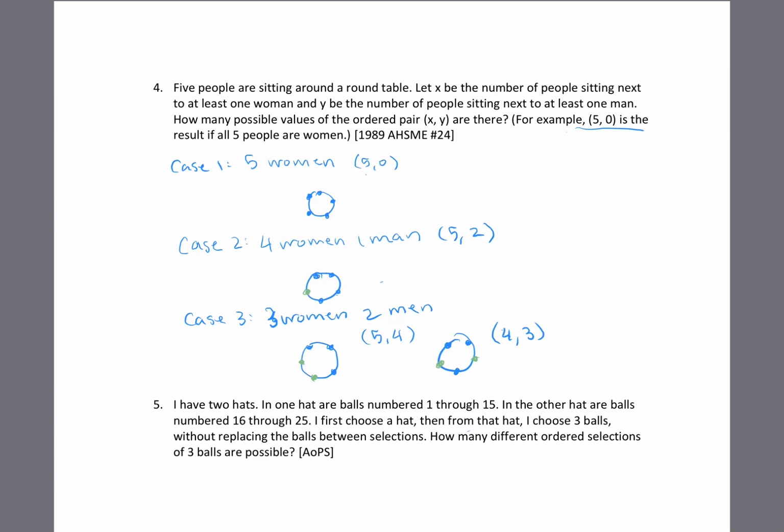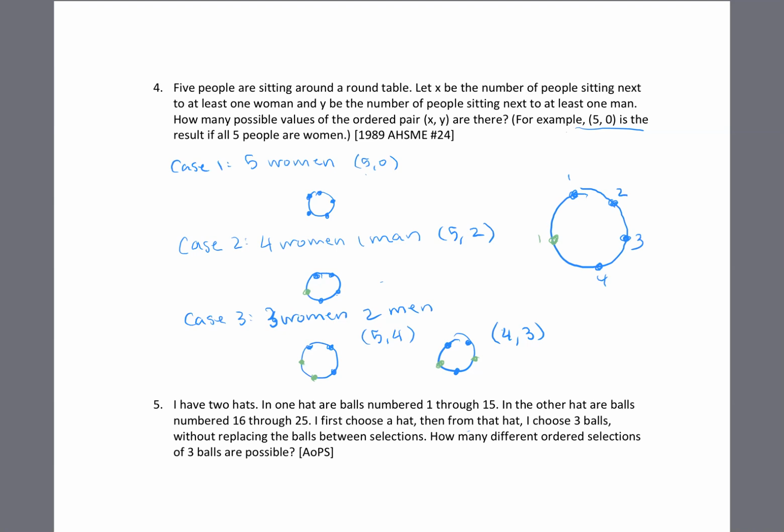Oh, you didn't get case 2. Okay, let's revisit case 2. Let me draw a larger diagram here. So we have 1 woman, 2 women, 3 women, 4 women, and 1 man. Let's label them woman 1, woman 2, woman 3, woman 4, and man 1.